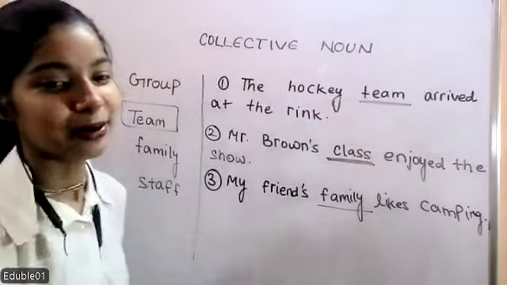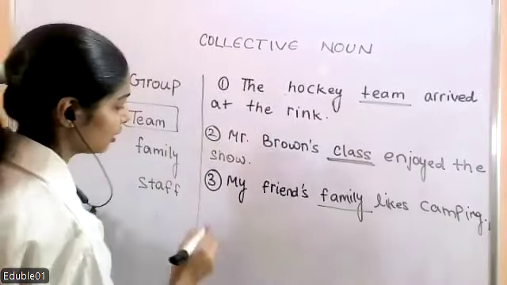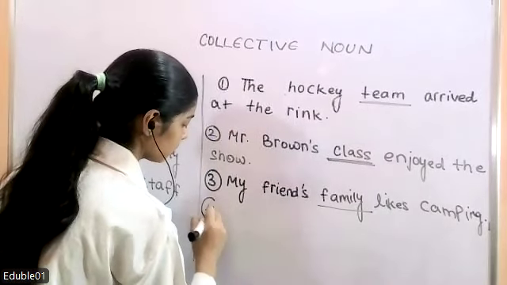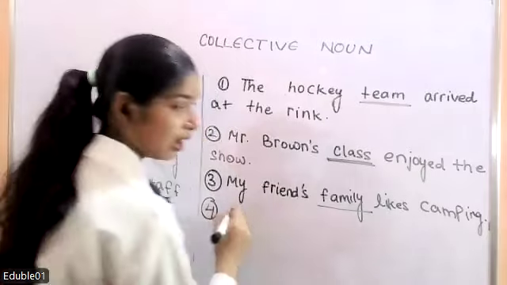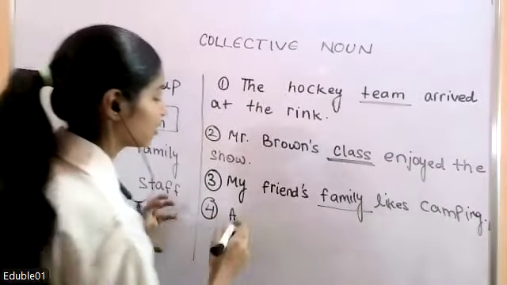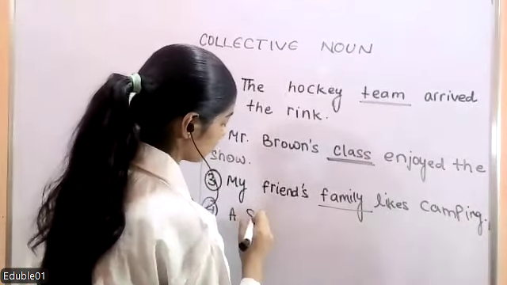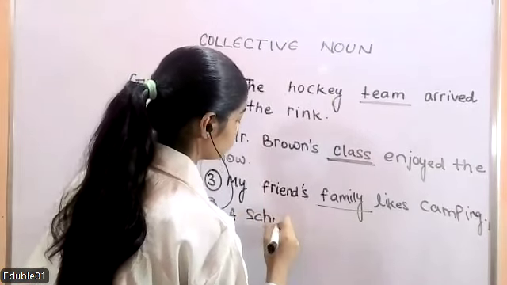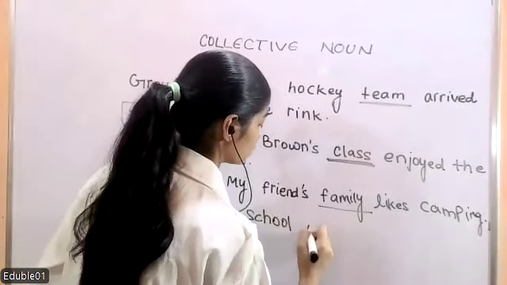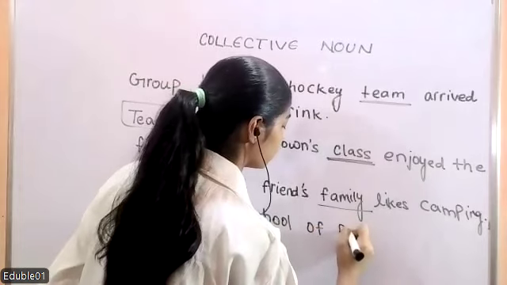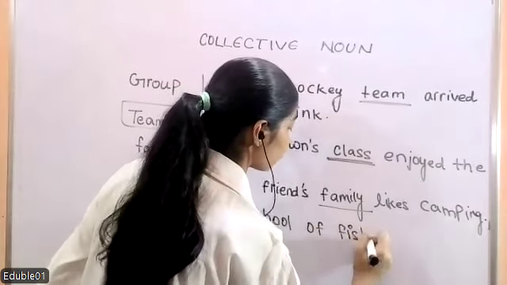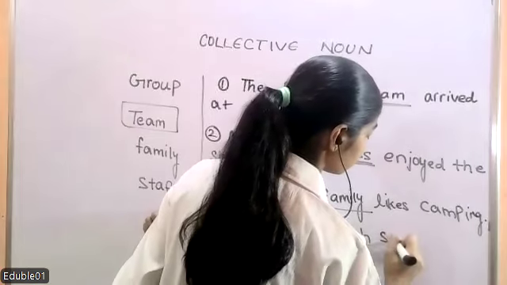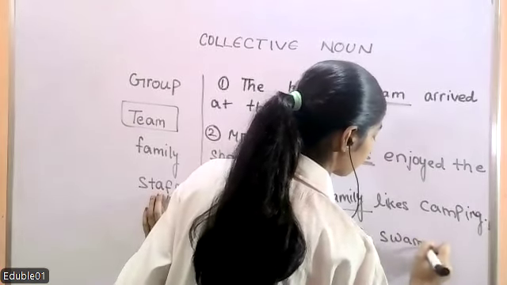Let's just take one more example and learn it together, okay? Whenever we are talking about fish, we use the word school. A school of fish swarm by us.